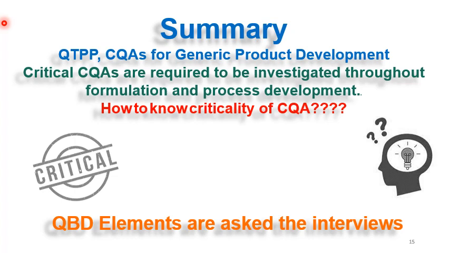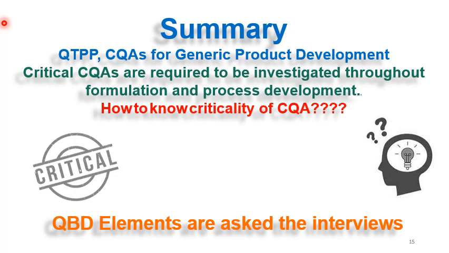See, the critical CQAs are required to be investigated throughout the formulation and the process development. If you identify dissolution as a critical CQA, then you cannot minimize the risk of the factors which affect the dissolution, like particle size of the API, polymer concentration or polymer level, and the hardness.